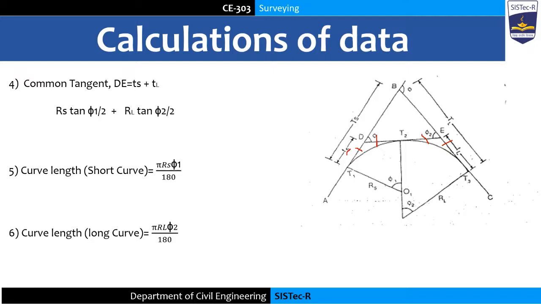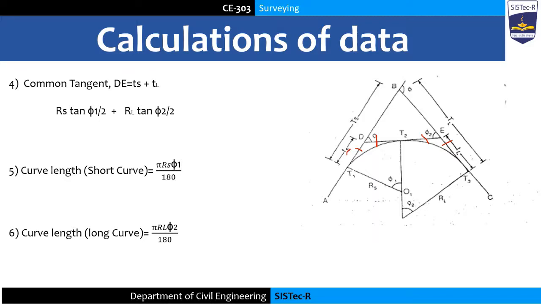So I will write D equals TS plus TL, and in the previous slide we have seen that small ts equals rs into tan phi 1 by 2 plus RL into tan phi 2 by 2. In this way you can add both these tangent lengths and calculate the length of this common tangent, that we are having as D in our figure.